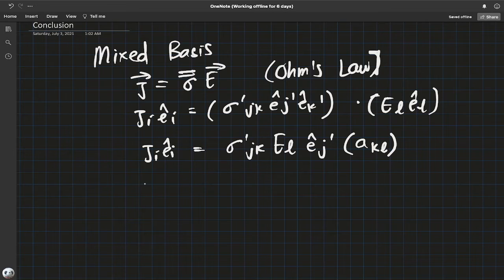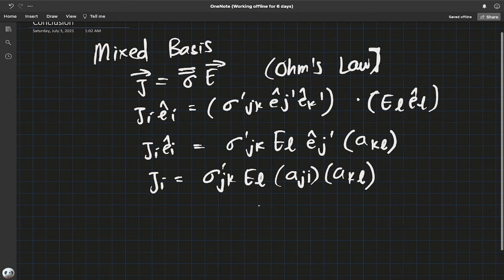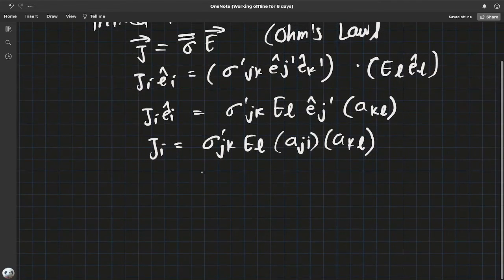If you do another dot product to get J sub i, e sub l, you get transformation matrix a sub ji, a sub kl. So it doesn't matter what basis you write your tensor in.